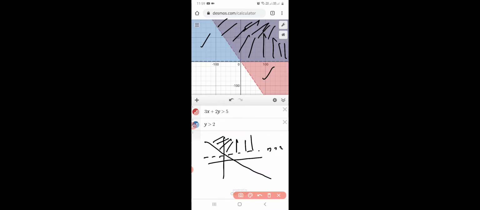I am not going to shade any other portion. And to represent the areas which each and every single inequality is representing, just put an arrow on any of the side. So this arrow will represent which side of the plane it is representing, and only shade the portion which is the common portion.